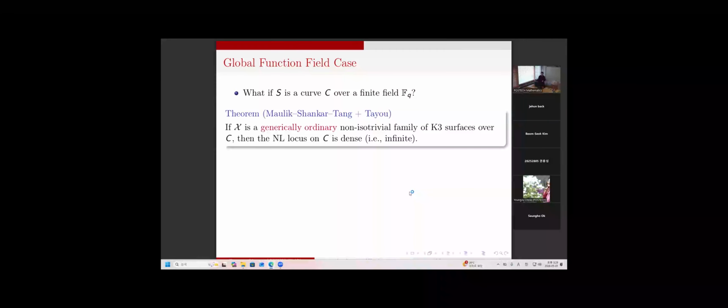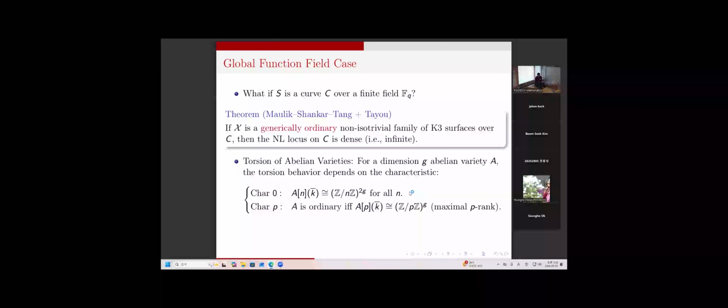So let me briefly recall what the word ordinary means. For abelian varieties, the word ordinary can be explained by the torsion points. Say you take a genus g abelian variety, dimension g abelian variety, over some base field K. If your characteristic is 0, then the group of n-torsion points over K bar is always isomorphic to Z mod nZ to the rank 2g.